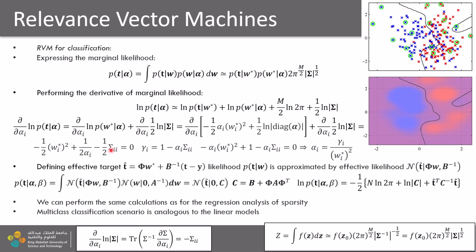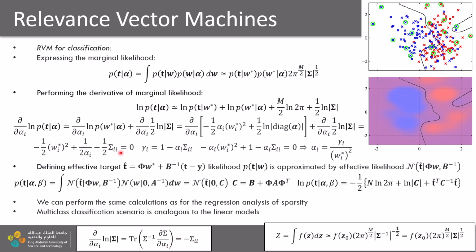Without going too much into details, that can be obtained by this formula here, where the derivative of the ln covariance matrix is a trace of the inverse times the derivative of the covariance matrix with respect to alpha I, and that results in minus sigma ii. So that we have here as the result.